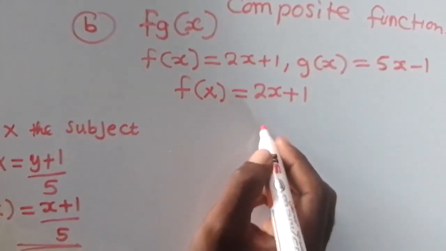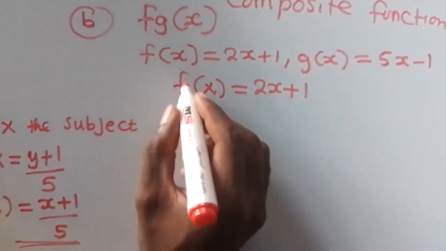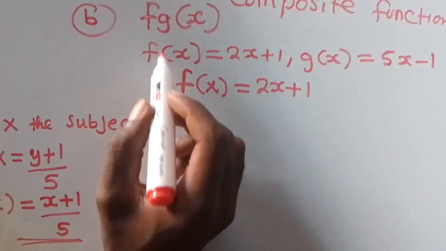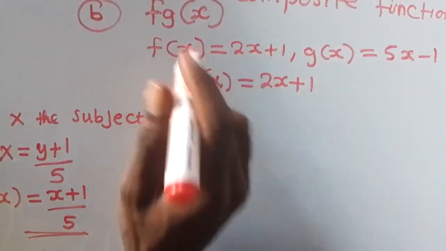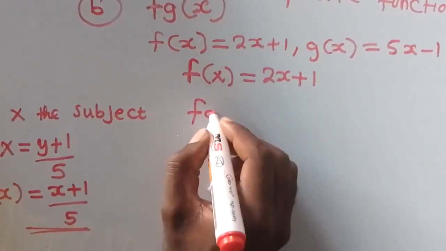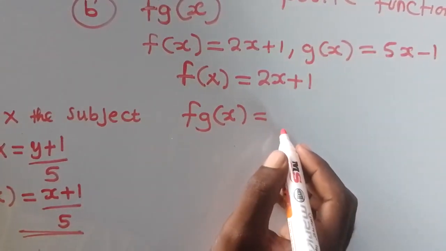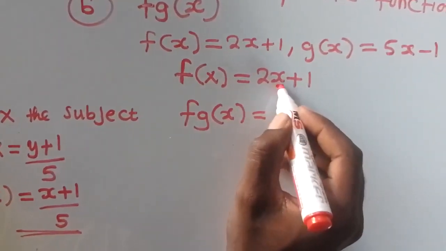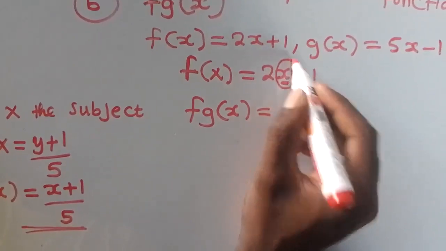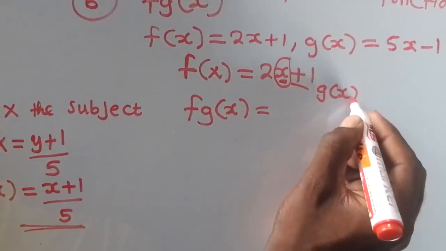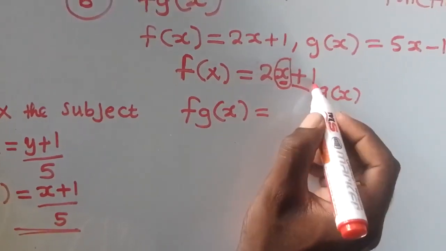Now we've combined this function with g. So fg of x is equal to, which means that where there is this x, that's where I'm going to put the function g of x.